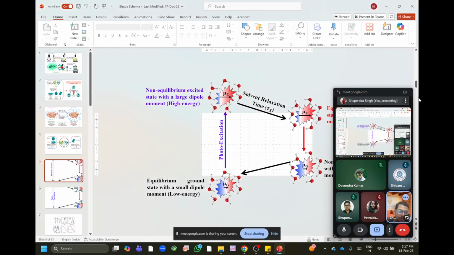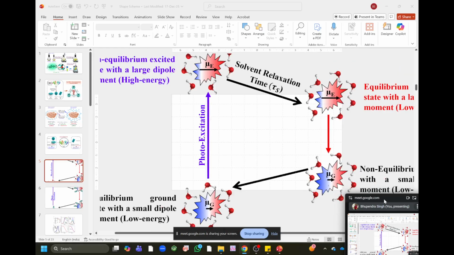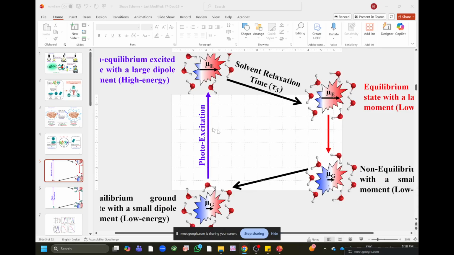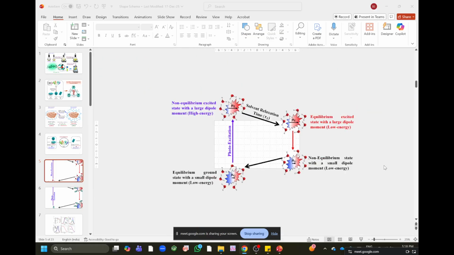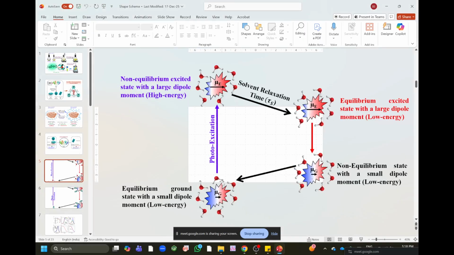See, look at this. This is what is happening. See the excited state. Are you able to see my cursor? Or I should go to the full presentation mode, then you will not be able to see anything. Yes, then it is difficult. Okay, anyway, I think you are able to see the cursor.